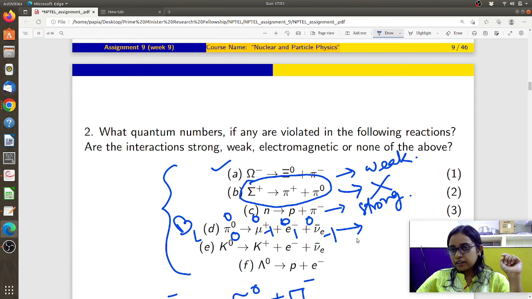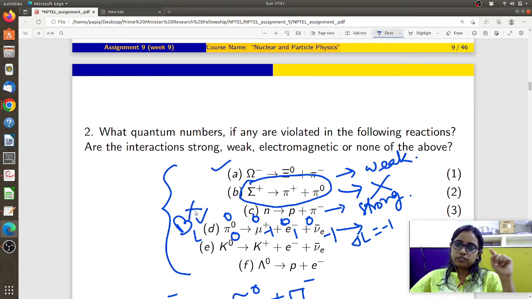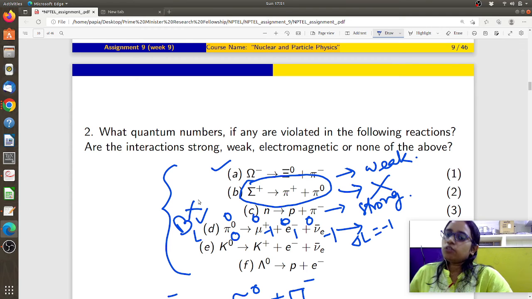So here delta L is -1. As delta L is not 0, this D expression is not valid. It is not allowed, because lepton number should be conserved in any nuclear reaction. So the D reaction is not possible. Is it fine?